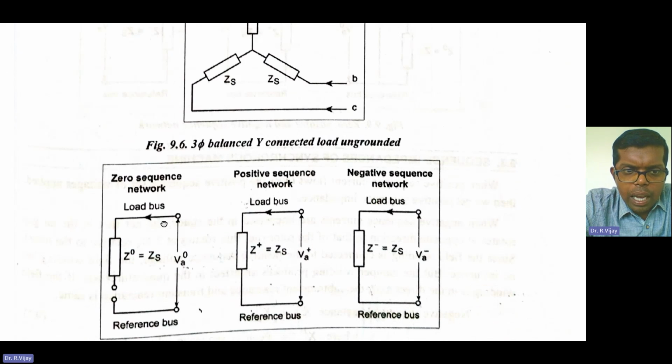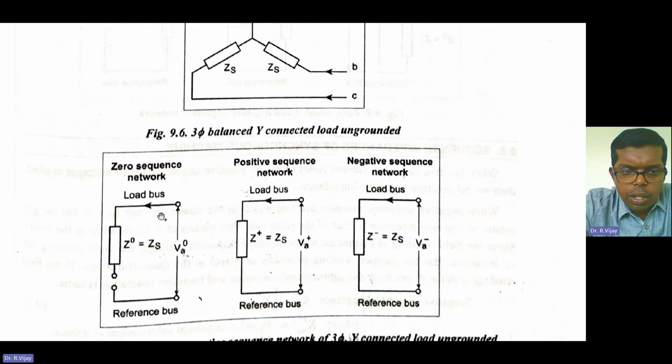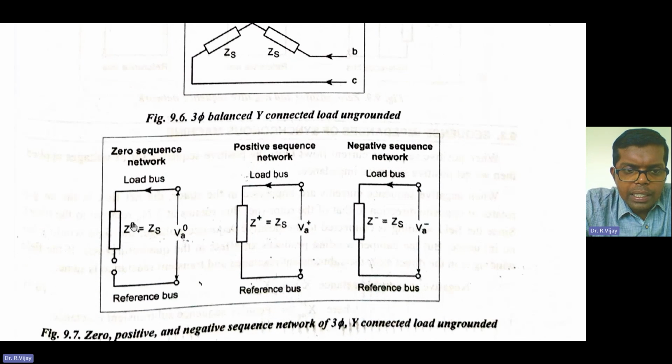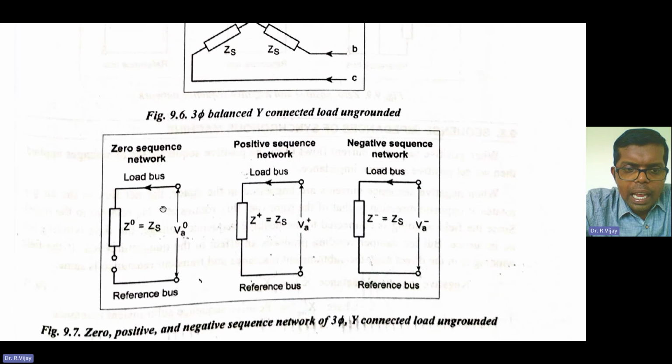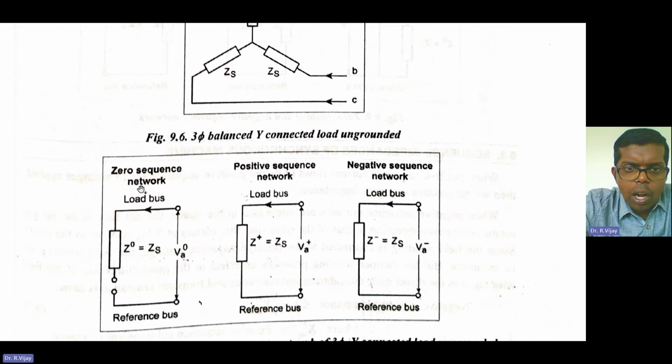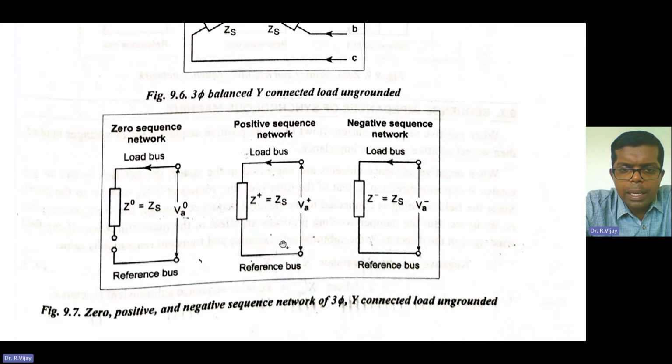IA0, because this is the zero sequence network. So the impedance Z0 is equal to ZS, and here you see the reference bus for zero sequence is not grounded, so it is open here. Similarly, here the positive sequence network VA positive has the load current IA positive, and here Z plus is equal to ZS.